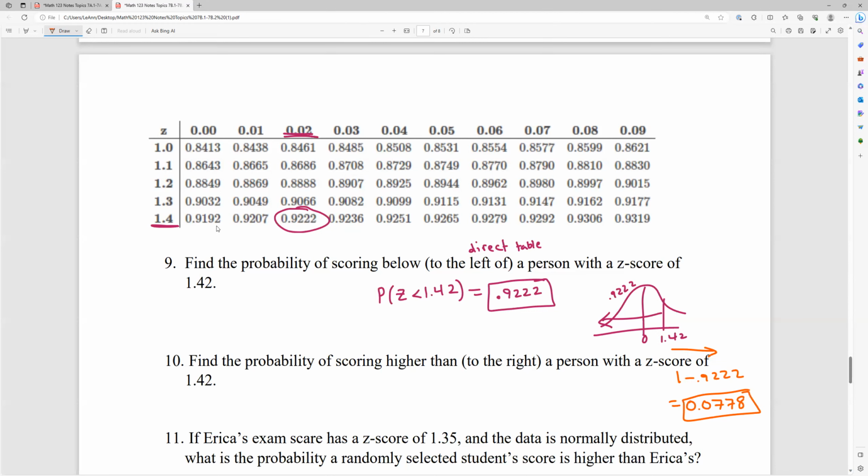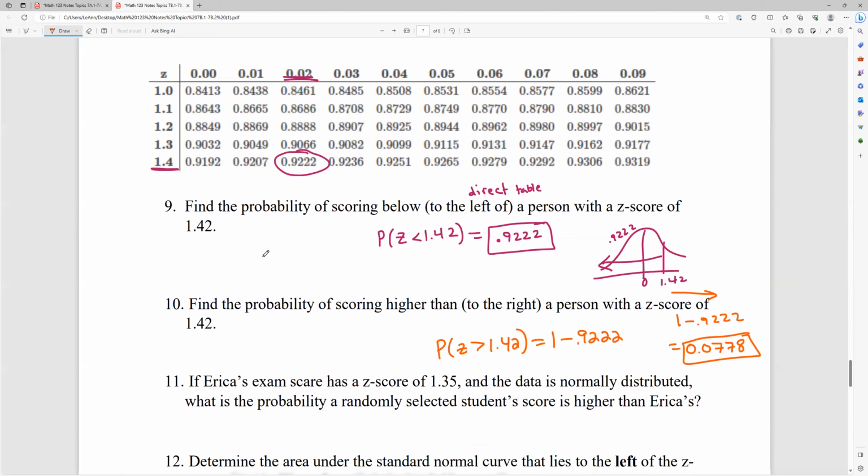Okay, so the probability that we're greater than 1.42, or to the right, is 1 minus the probability we were less than. Okay, so notice these two, if you're going from the same z-score, one to the left and one to the right of it, notice that should add to 100%.